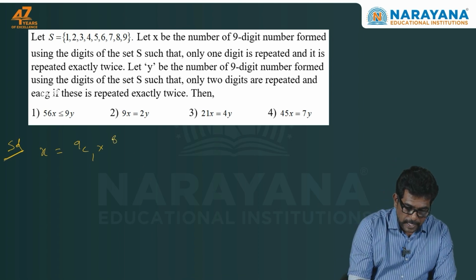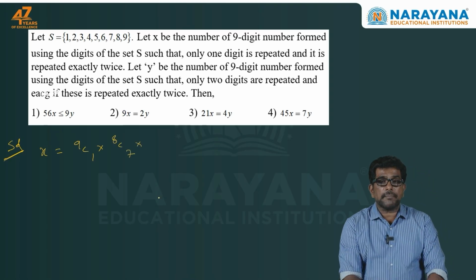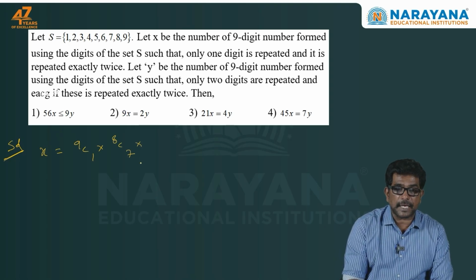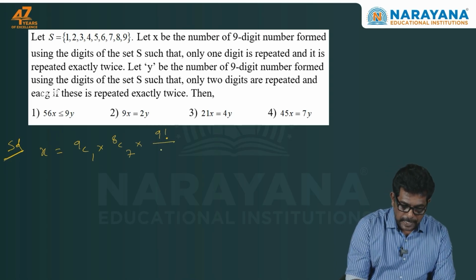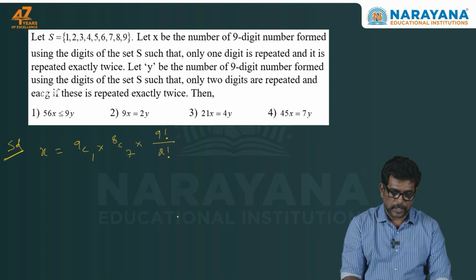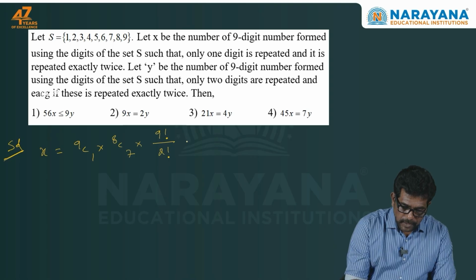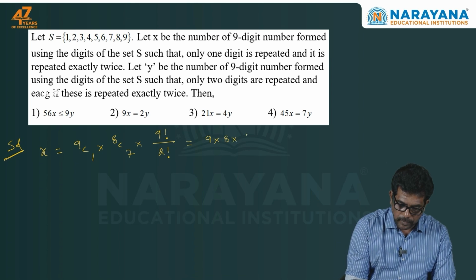That is, it can be done in 8C7 ways into, now the total number of digits we have is 9. That is, 1 is repeated and 7 are distinct. Total 9 can be arranged in 9 factorial by 2 factorial, as 2 digits are repeated. This is the value of x. Now we are going to simplify this one. That is equal to 9 into 8C7, which is 8 into 9 factorial by 2.